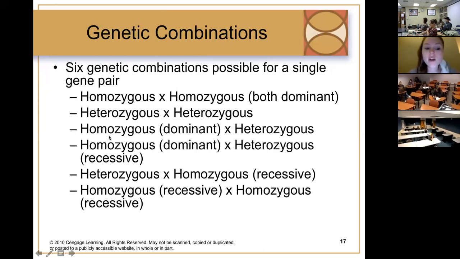You could have the mom homozygous and the dad heterozygous. I'm not going to read all of these because it will sound a little overwhelming. But basically, for each trait, the mom or the dad would be either homozygous or heterozygous. They would either have the same alleles or two different ones. So there are lots of different ways that these genes can be combined.